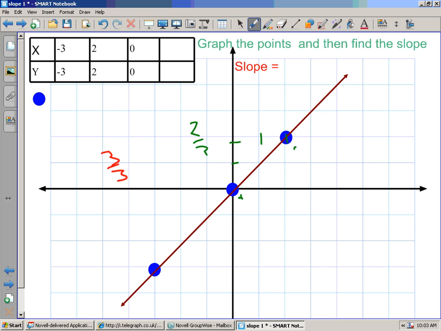Oh, that's a slope of 2 over 2, which also equals 1. And let's say I decided to use this point and this point way up here. Up 1, 2, 3, 4, 5, over 1, 2, 3, 4, 5. So I get 5 over 5. Notice, in all of these slopes, we ended up with a slope of 1. So it didn't matter which 2 I picked. We always get the same slope.